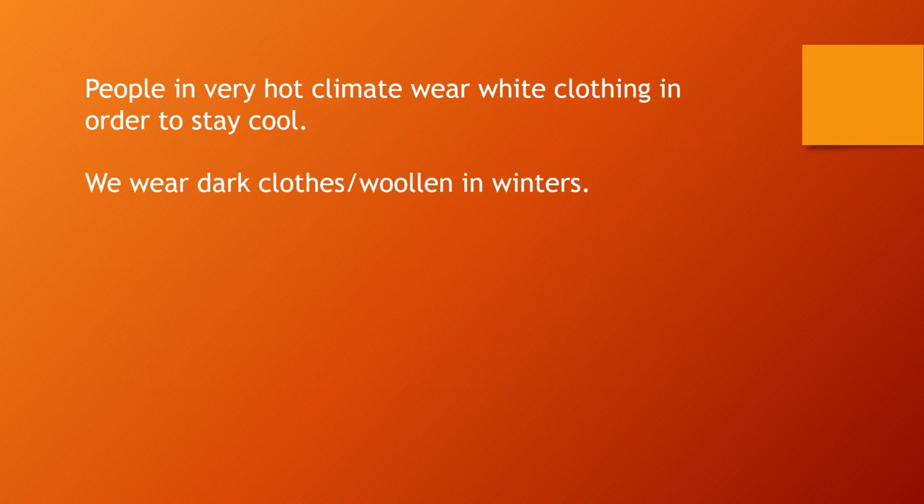So this is a simple example of why we use white clothing in the summer season, and why we use dark clothing, or woolen clothes are generally in darker shades. The color of the clothes makes the difference in radiating and absorbing. White absorbs less heat, whereas black absorbs more of the heat.